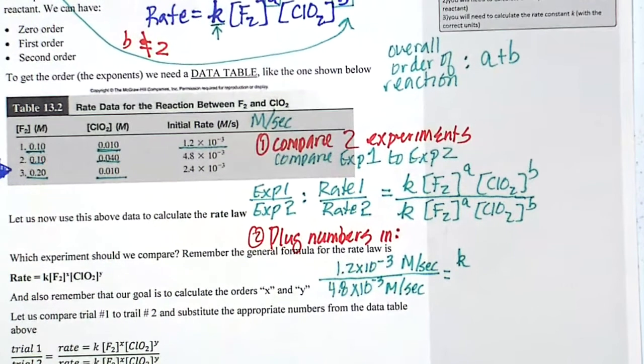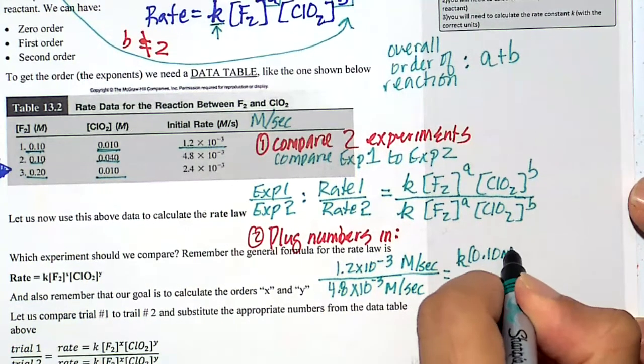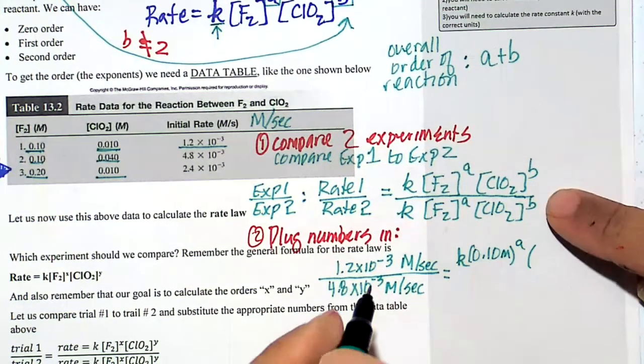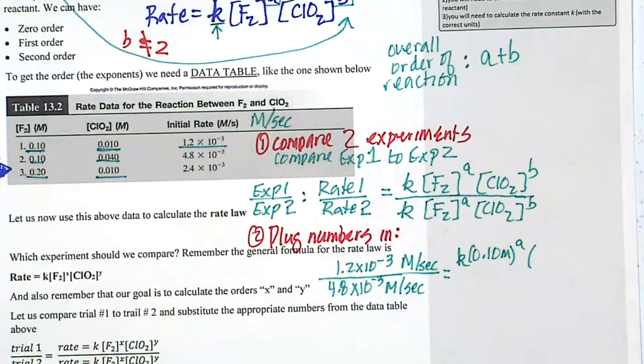What's the concentration of F2, rate 1, experiment 1? Everyone agrees it's 0.10 raised to the power of A. What's ClO2, rate 1, experiment 1?